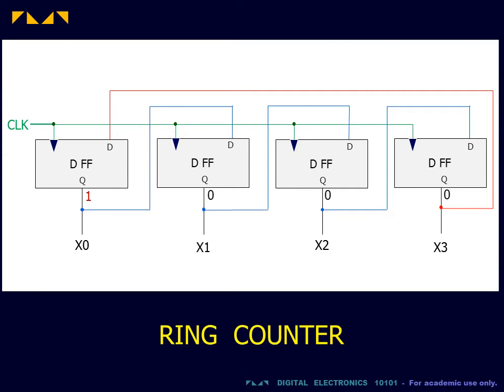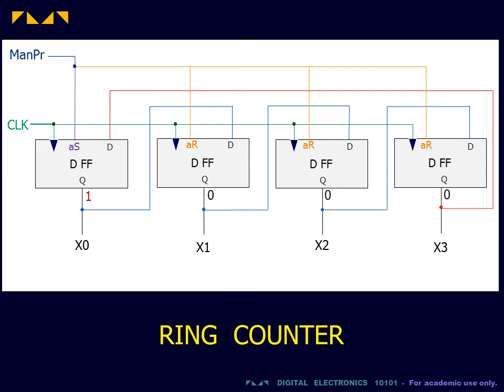When used as a state counter, the ring counter is initialized by placing a 1 in the leftmost flip-flop and zeros in all of the other flip-flops. This is achieved by connecting a manual preset input to the asynchronous set and reset inputs of the individual flip-flops.